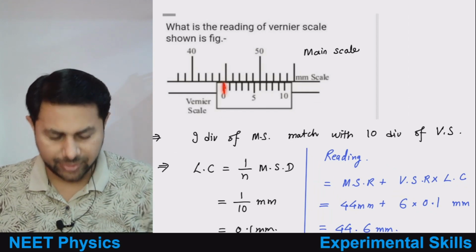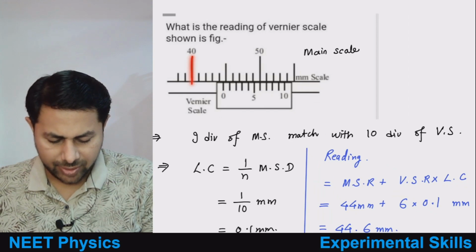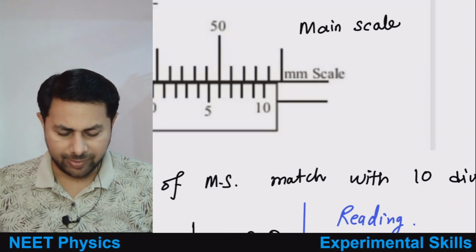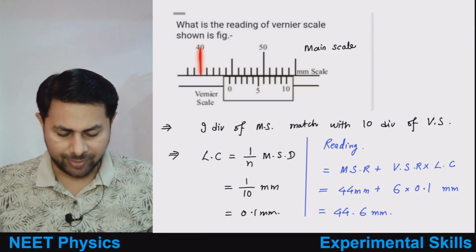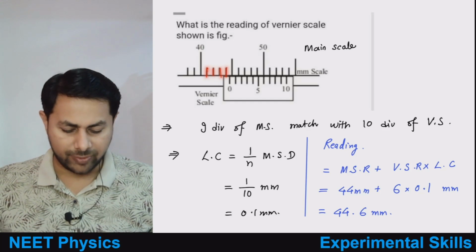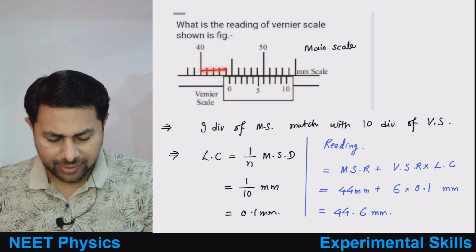Okay, where is the 0 of the vernier scale? It comes after, see, this is 40 and it is in millimeter. So 40 millimeter of the main scale. So this is 41, this is 42, this is 43, this is 44. Okay, so now what is the main scale reading?